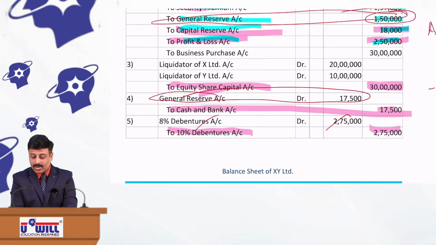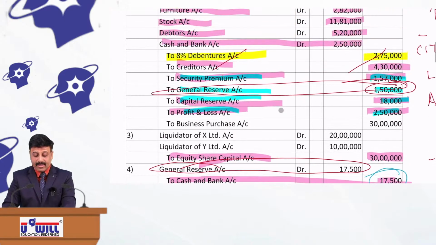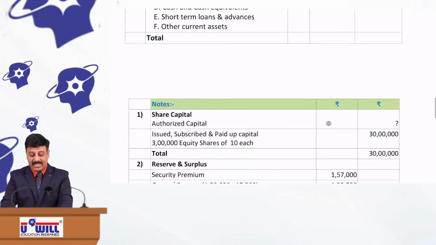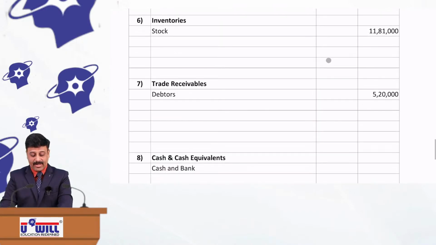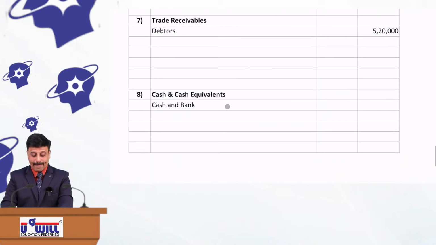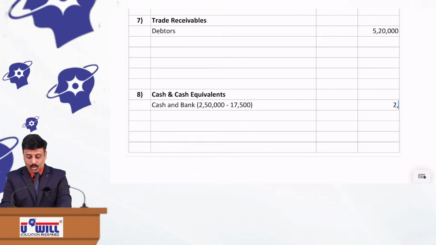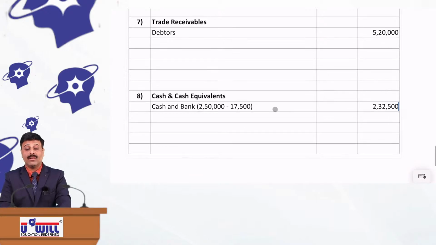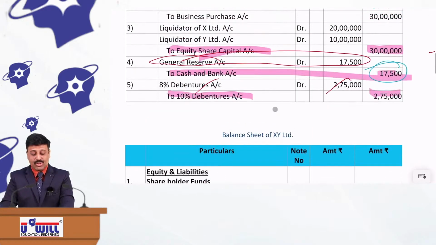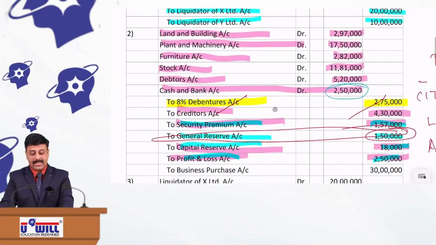So 17,500 cash goes out from 2,50,000. Remaining will only appear in the balance sheet. So 2,50,000 minus 17,500, 2,32,500 will be the amount of cash and bank. Again, only one amount.